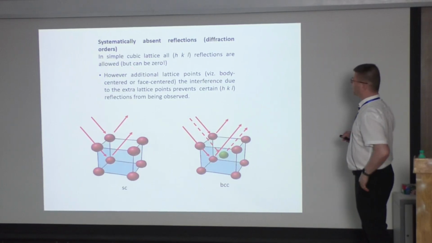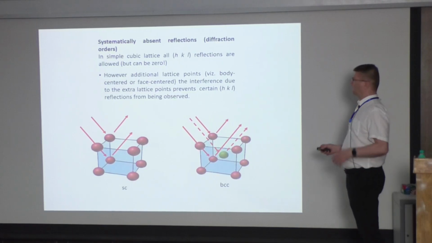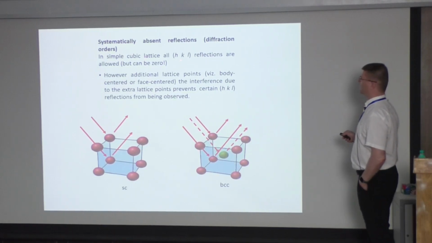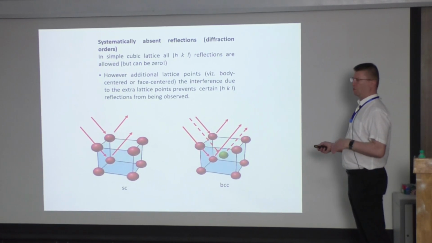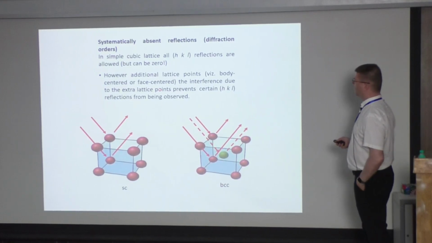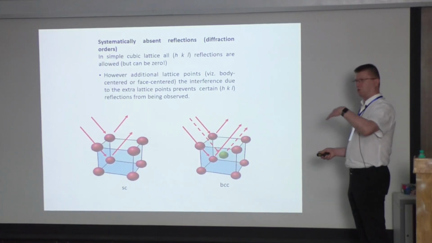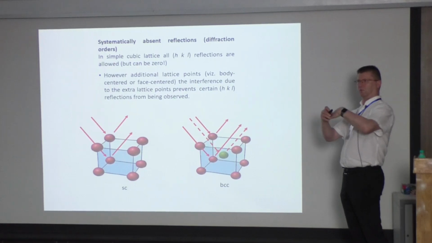This is based on the crystal system, where certain information from these reflections is forbidden. This is an example of a cubic lattice where all the reflections, which we call HKL reflections, each a point from an individual plane, are allowed, but can be zero. But if we have an additional lattice point, like body-centered or face-centered, that will cause interference and it will kill the reflection.